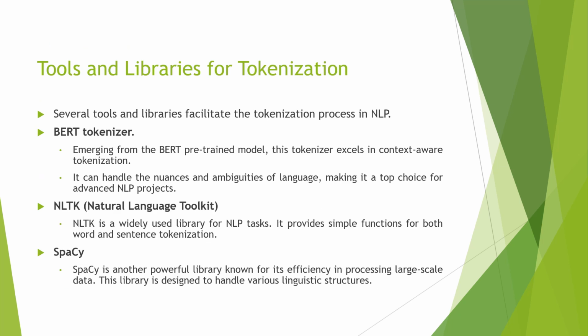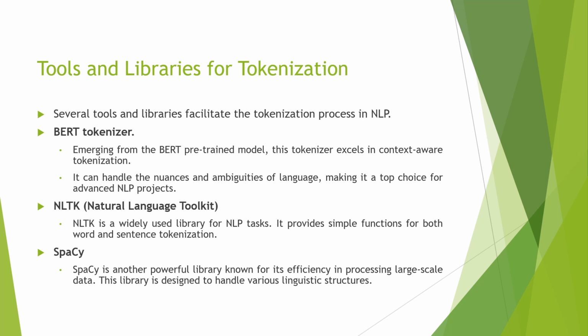We have several tools and libraries for tokenization. For example, the BERT tokenizer is one of the popular tokenizers. It uses a pre-trained model to implement context-aware tokenization. It can handle nuances and ambiguities of a language. It makes it a top choice for advanced NLP projects.